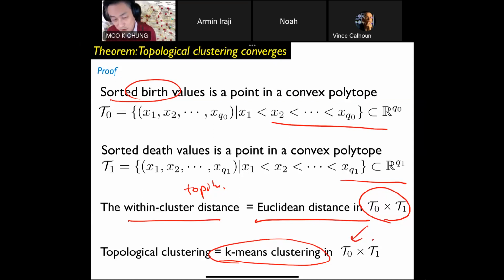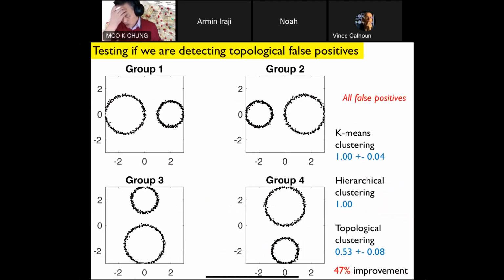Actually, our method converges much better than K-means clustering. It's far better. To make K-means clustering converge, you may need to use the random seed in the K-means algorithm. You may have to use about 100 random seeds and choose the optimal one. Otherwise, K-means clustering will not converge.